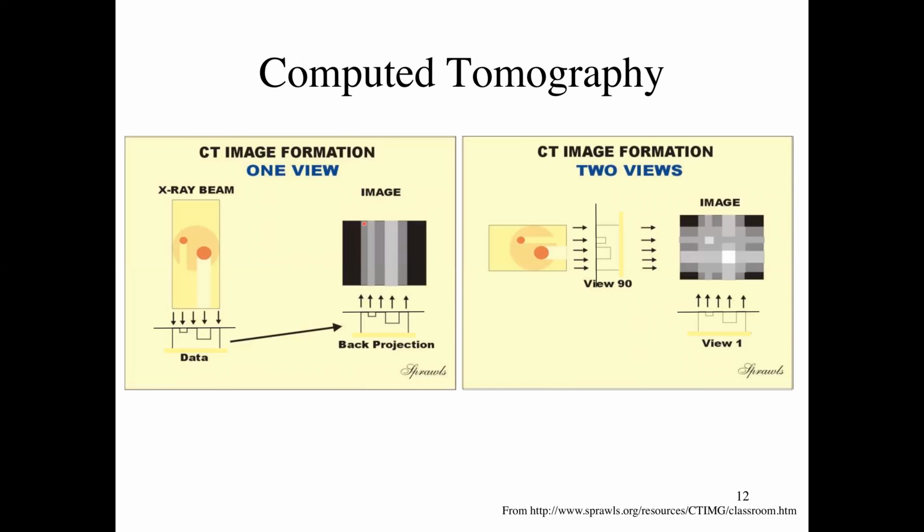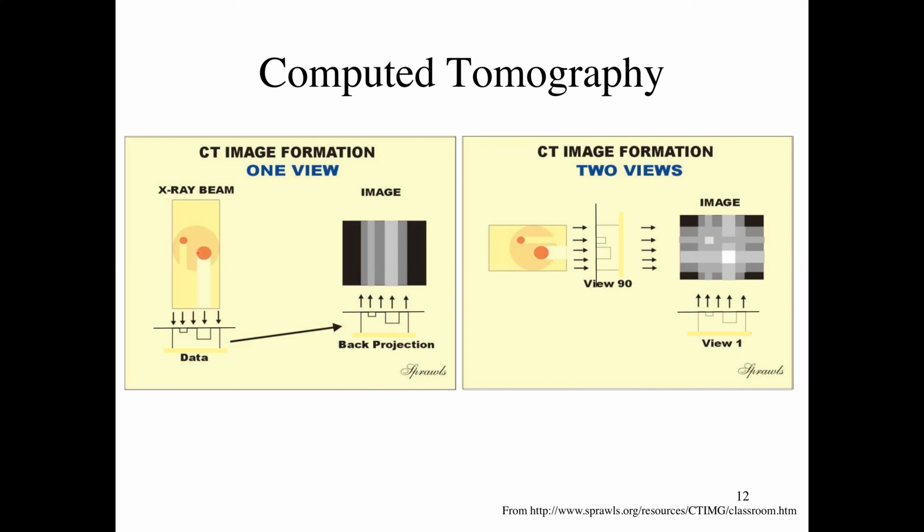Let's look at the basic principle of computed tomography. Say I have a set of X-ray beams coming vertically from up here. This is an imaginary situation where they're parallel, all shooting down, and I have a detector down here. When I measure how many X-rays hit my detector, I'll get a signal that looks like this.